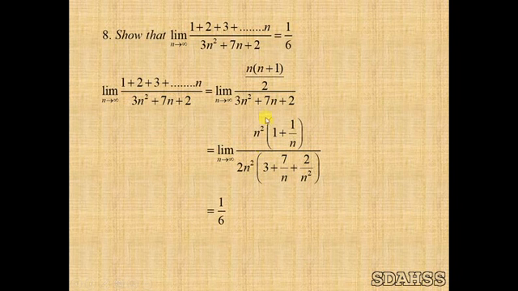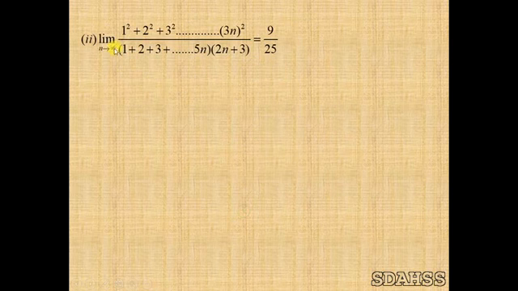Then n square cancels, then you apply the limit, so you have 1 by infinity, 0. The numerator you have 1 divided by, and the denominator 2 into 3 plus 1 by infinity, 0. Other terms are 0, only the remaining terms 2 into 3, 6, 1 by 6.